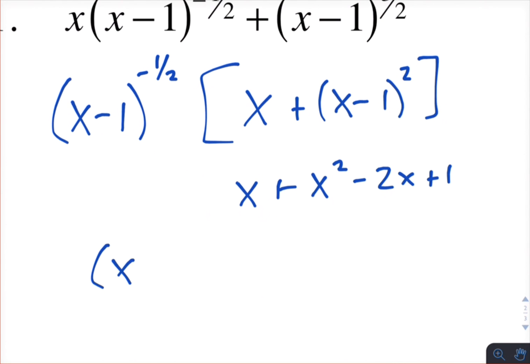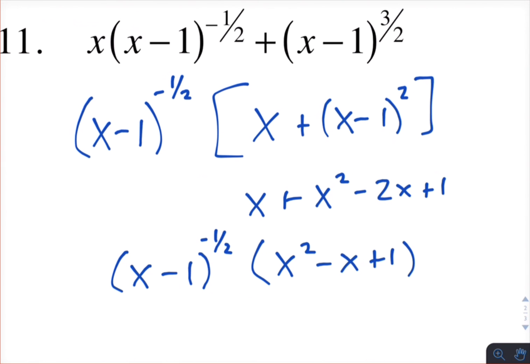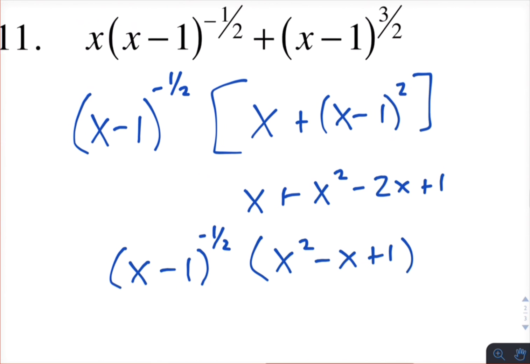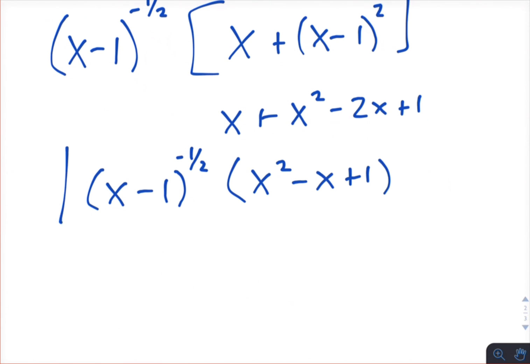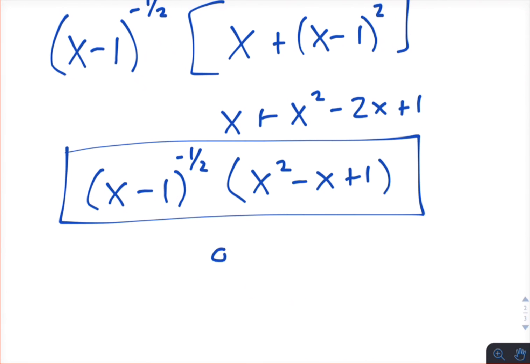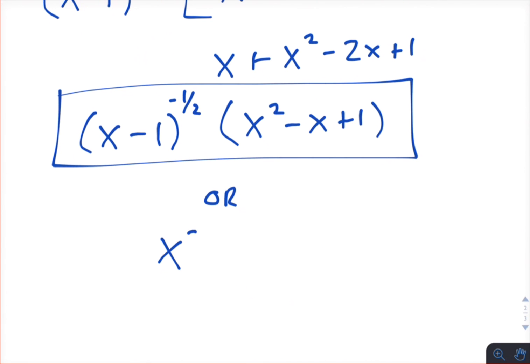So we get x minus 1 to the negative 1/2 times x squared minus x plus 1. And depending on whether or not you were instructed to leave answers without negative exponents, we could move the x minus 1 to the negative 1/2 down into the denominator if we so choose. So we'll either go with this, or you could say x squared minus x plus 1 over x minus 1 to the 1/2.